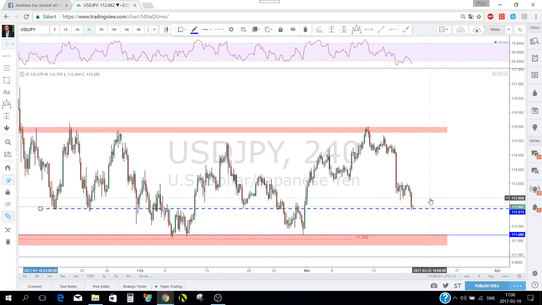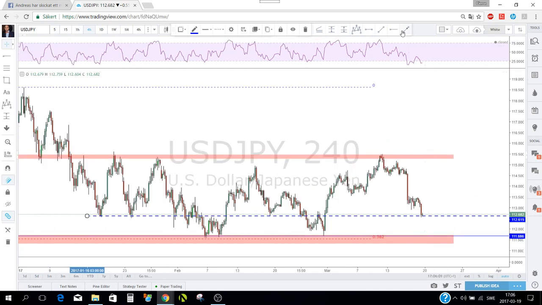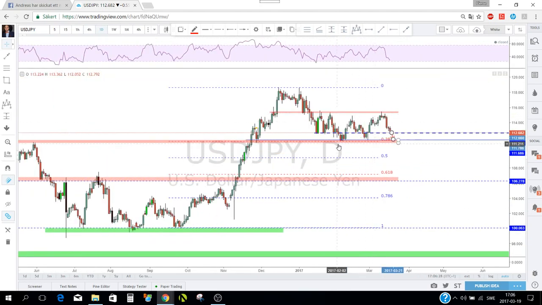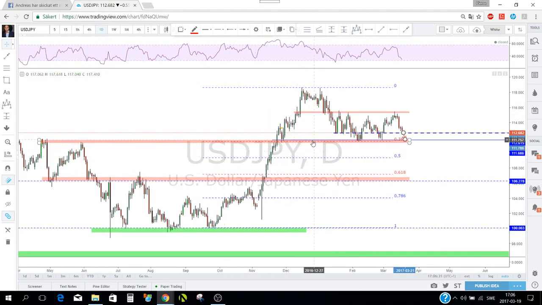So this level is going to be the first thing I will be looking at to try to find if price will give me another entry reason for a long to a retest of this structure up here. And if it makes it to the downside even more, then I will be looking at this level again, and I will show you on the daily why, because guys, we've been talking about this structure many times now.